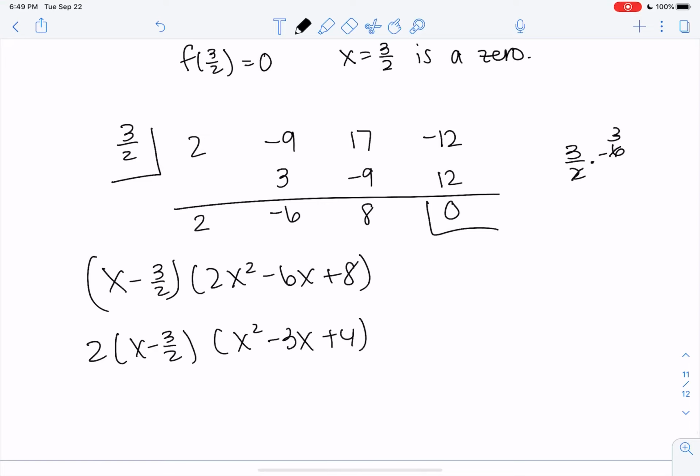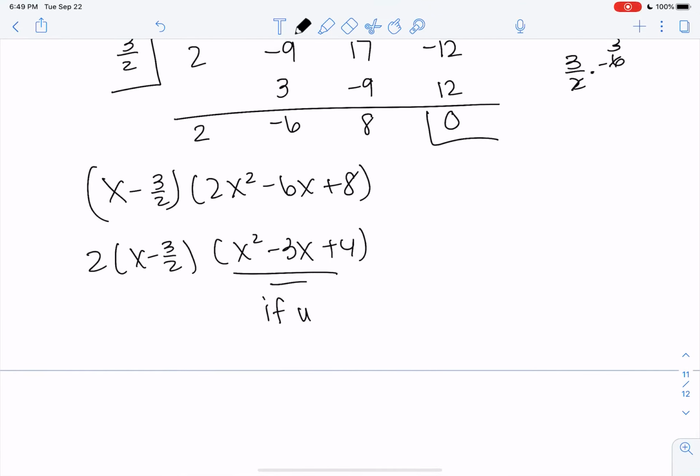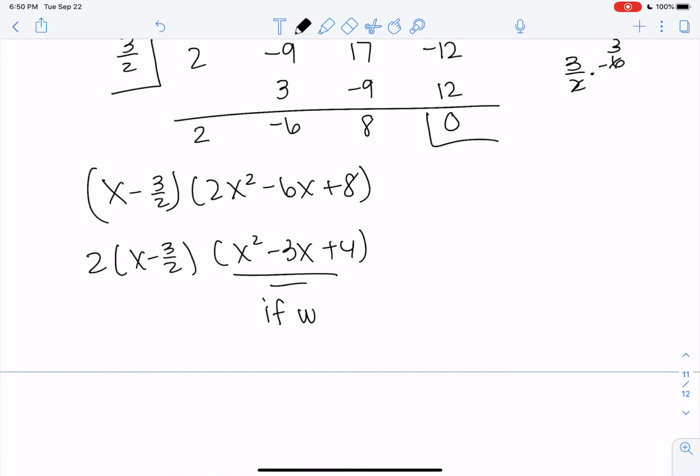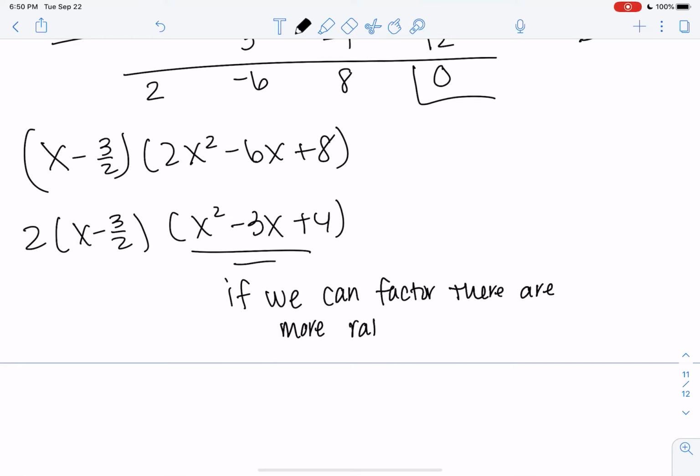And then basically, if we can factor this, we have more. I think it only wanted rational zeros, right, in this example? If we can factor, that means there are more rational roots.